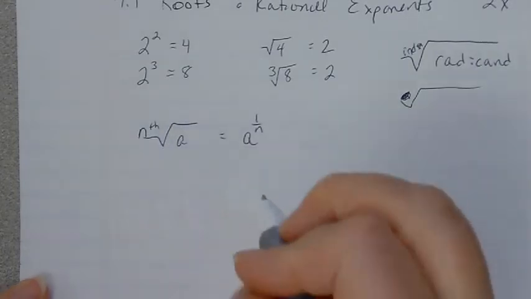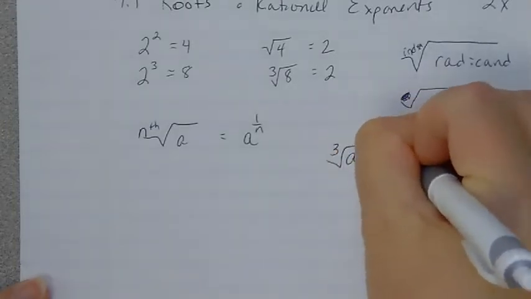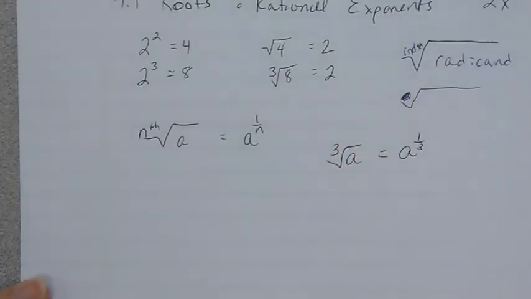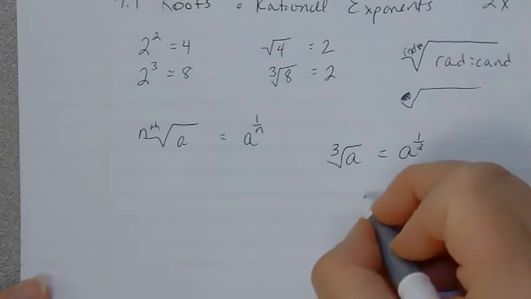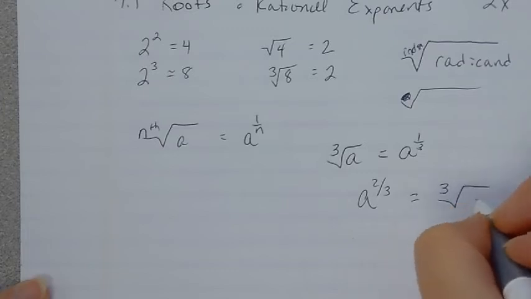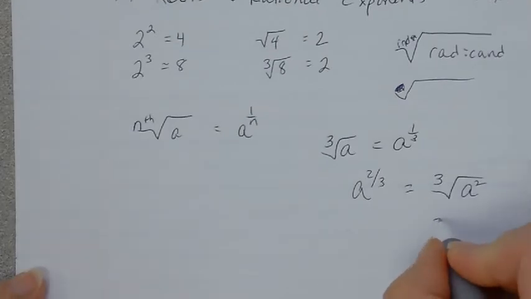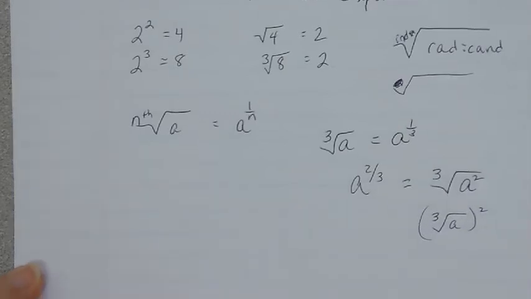So for instance, if I had the cube root of a, that's the same thing as a to the 1/3 power. If I had a to the 2/3 power, that would be the cube root of a squared. And I could put the square with the a underneath, or I could say the cube root of a squared. Either one would work.